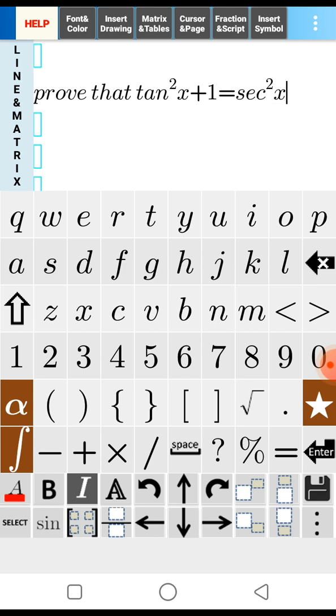We're going to work out and see whether both sides will be equal. We have to show that tangent square x plus 1 equals secant square x.